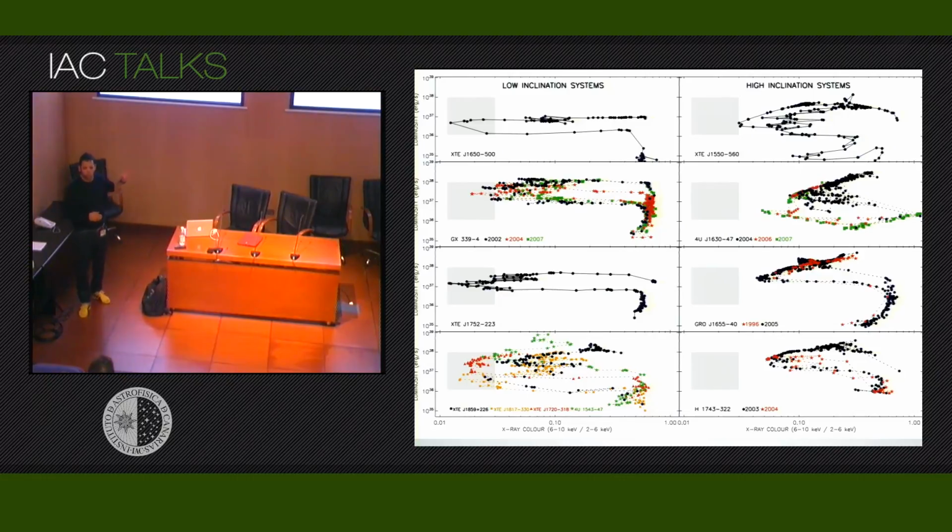At this inclination, no. The inclinations here are about 70 degrees, and at this inclination, no. Of course, this study is much more complex than that. We correct for the different absorptions that we see, so all these fluxes are not fluxes as they are observed. They are corrected for the absorption that we see.